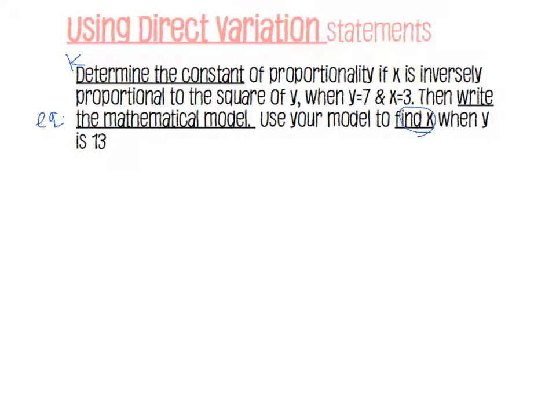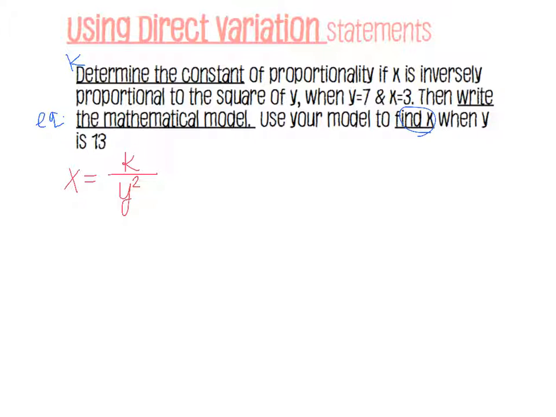X, looking right here, this is what leads me into my equation. X is inversely proportional to the square of y. That's it right there. X is inversely proportional to the square of y. That's your formula. Now let's use it to determine the constant of proportionality. Let's find k.